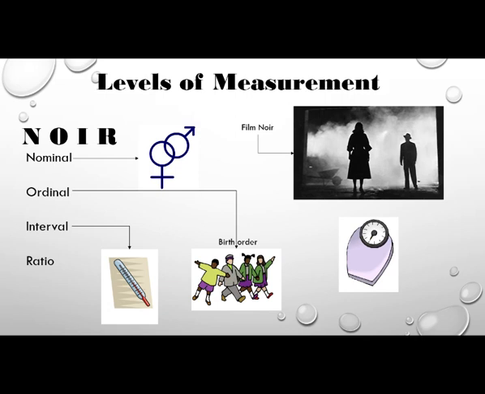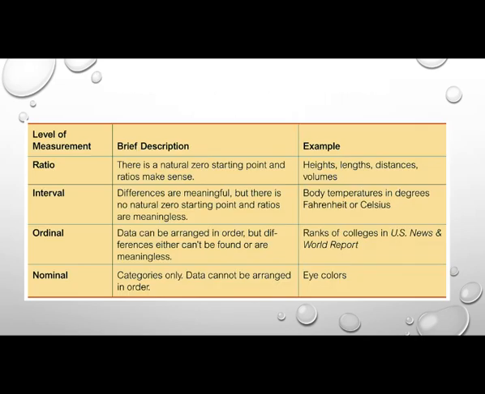Whereas ratio, I couldn't make the line go through those pictures, but ratio is that bathroom scale over on the right-hand side. When you get off the scale, it goes to 0 because there is no weight on the scale. And then when you get on it, it tells you your weight. So we have nominal, ordinal, interval, and ratio. And those are the scales of measurement, or the levels of measurement.